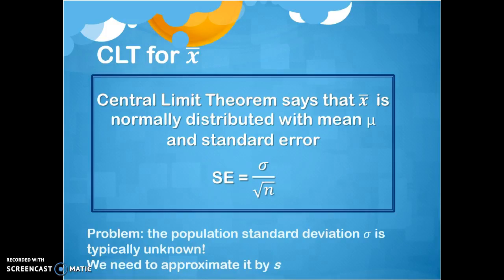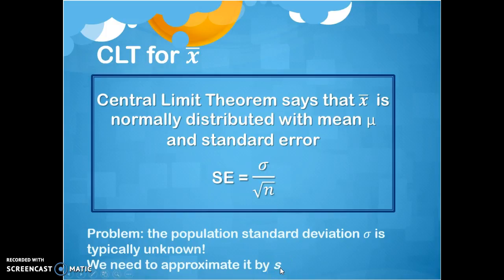So, here's the thing. The central limit theorem was great because it said our sampling distribution was completely normal. Well, if we can no longer use the population standard deviation and we have to approximate it, we can't use the normal distribution anymore, because I have something different.